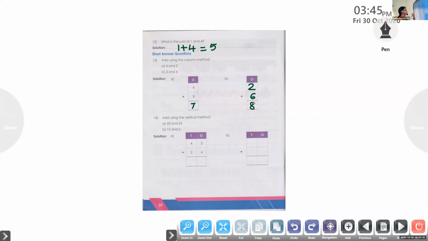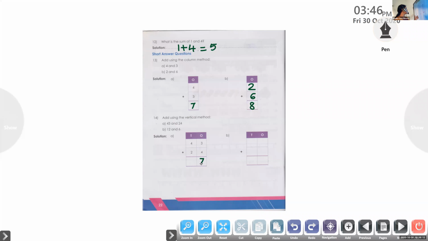43 and 24. The numbers are written there. So the first number is 43, the second number 24. So we have to add the ones. At the ones place we have 3 and 4. What is 3 plus 4? 7.